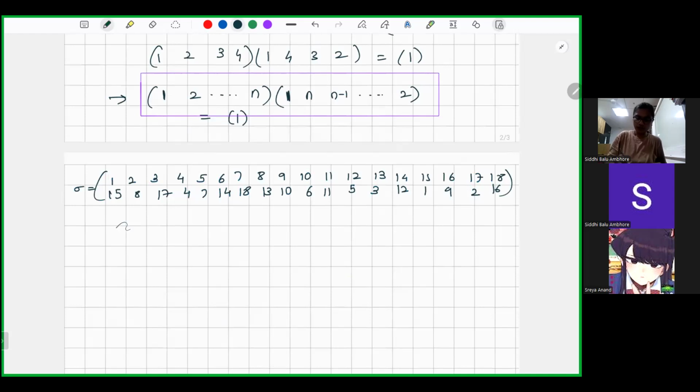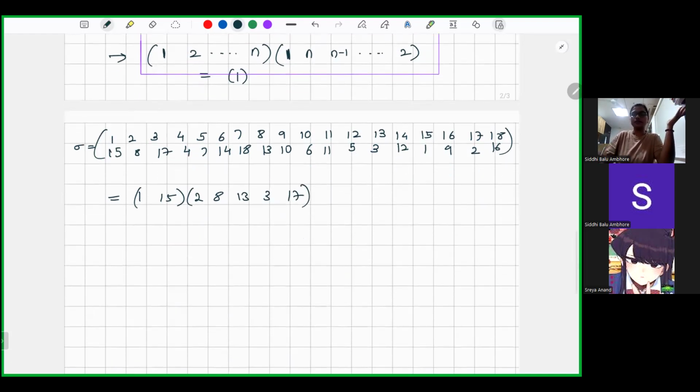And I hope you know what cycle representation of a permutation is. So 1 is going to 15, and here 15 is going to 1 again. So that's it, this is one cycle. Now the second cycle. Now 2 is going to 8. 8 is now going to 13. 13 is going to 3. 3 is going to 17. 17 is going to 2 back again.